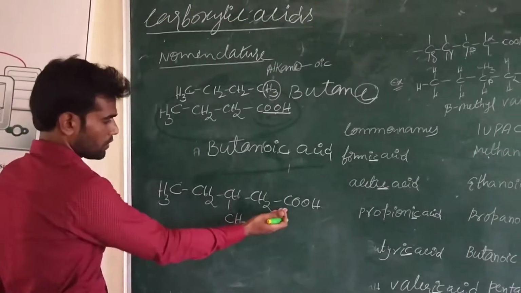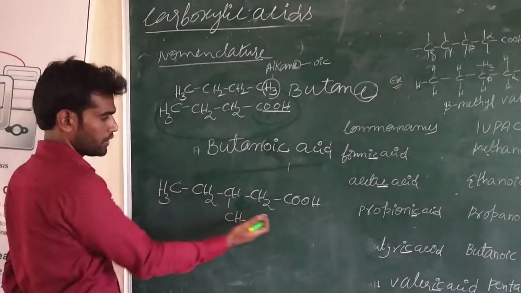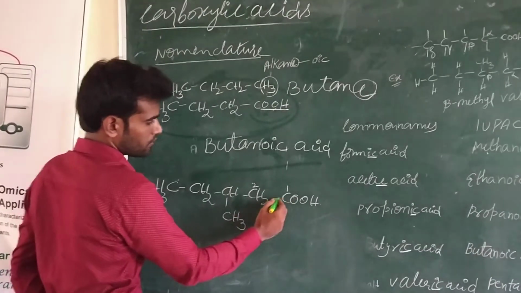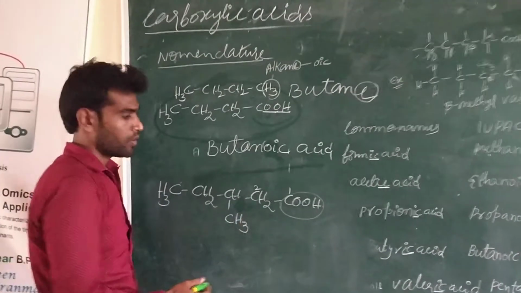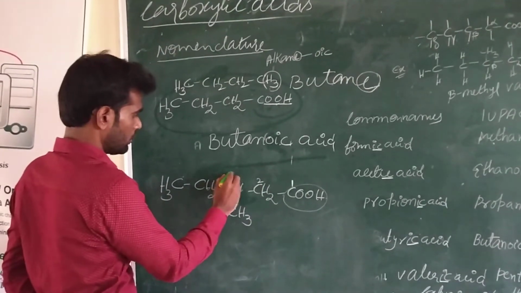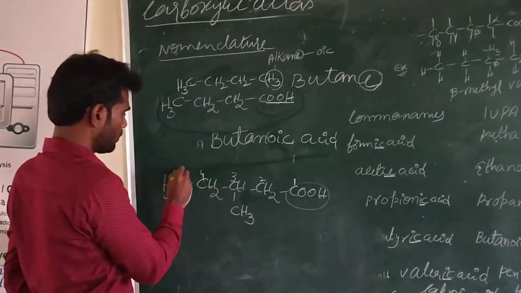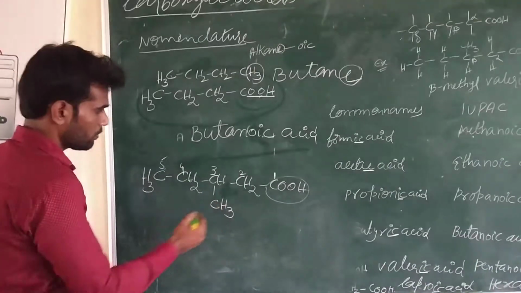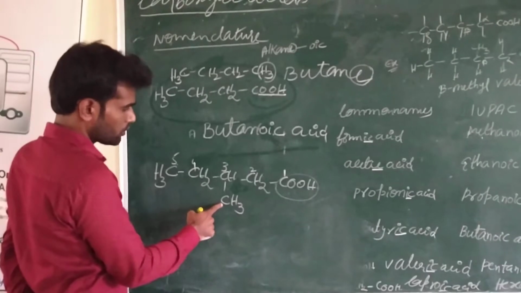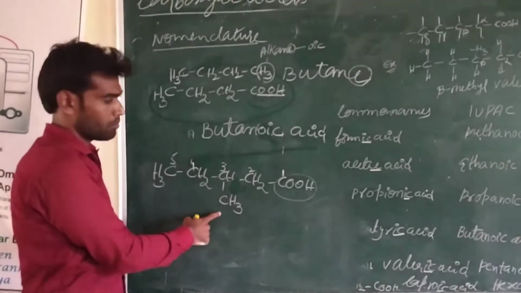So now see, first of all select the longest chain. We should give the numbering 1, 2. The carboxylic acid gets first priority. So that's why I have given numbers 1, 2, and this is the third carbon, fourth carbon and fifth carbon. Now please look at this substituent. The substituent must get the least number.